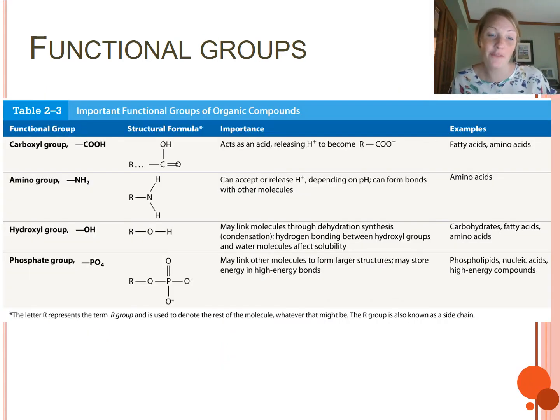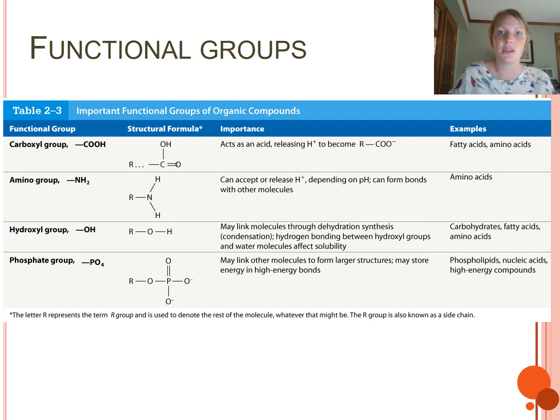Here's a table of some of these major functional groups, what they look like, their chemical structure, where they can be found and their importance within the body, and then some examples of where these functional groups are commonly found and how they are important in those particular molecules. For example, the carboxyl group is important for amino acid binding, from one amino acid binding to another amino acid, and we'll talk about that in a little bit.